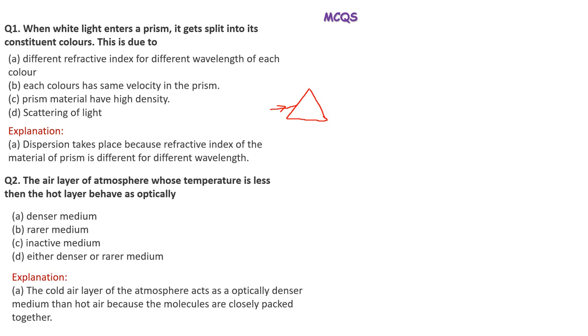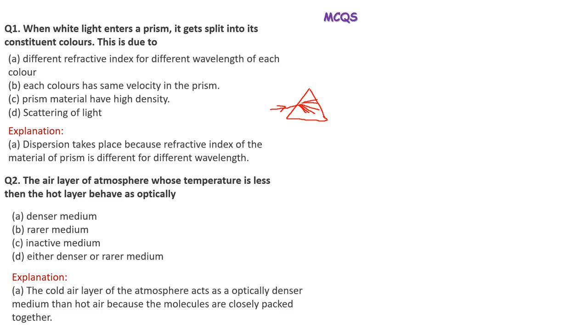But as soon as this light enters the prism, there will be a deviation of different colors of light.